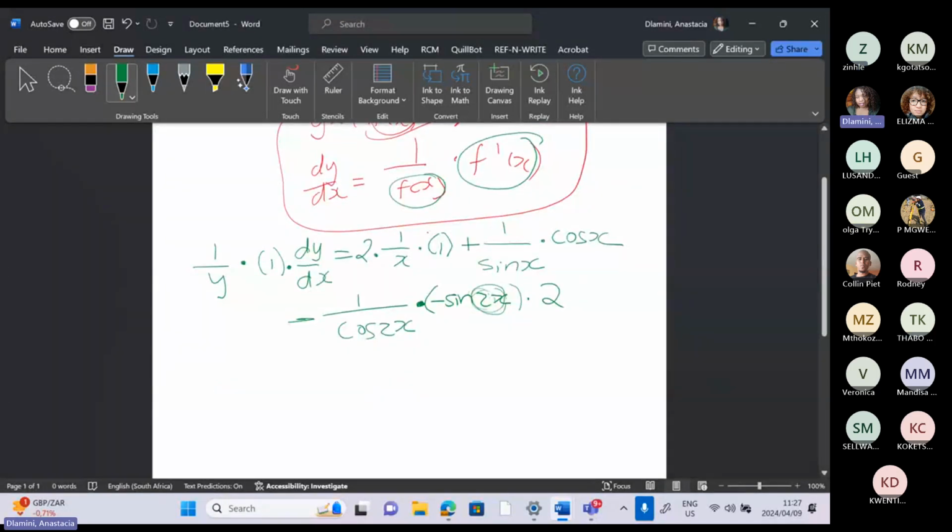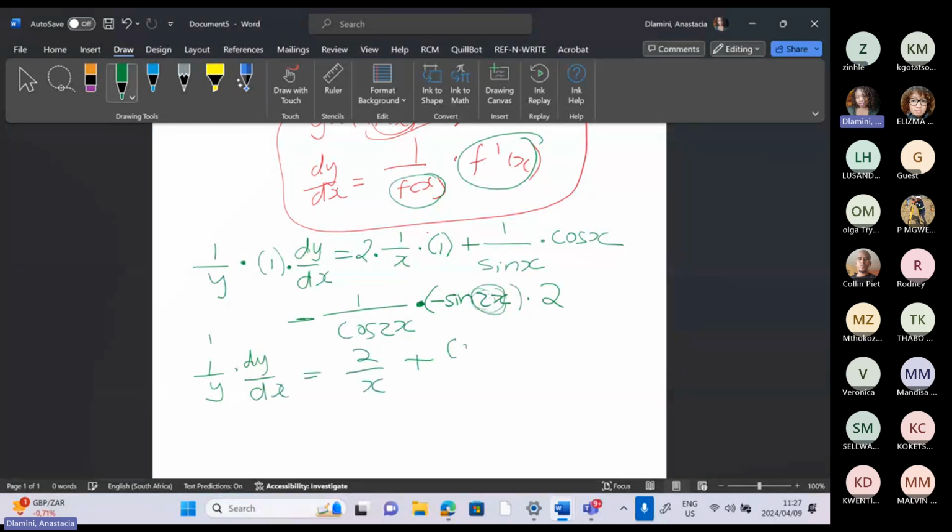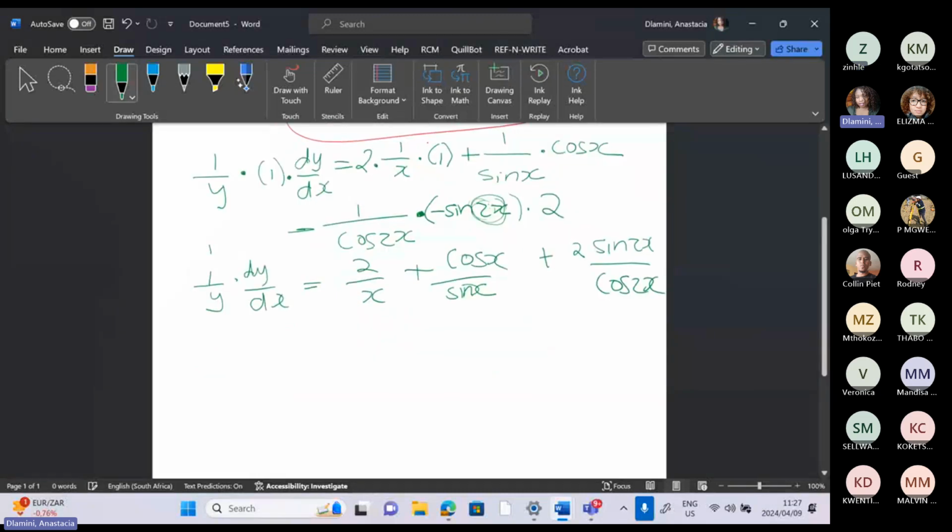So let's simplify. Now this is 1 over y times dy over dx equals 2 over x plus cos of x over sine x plus 2 sine of 2x over cos of 2x. Are we done? No, we're not done.